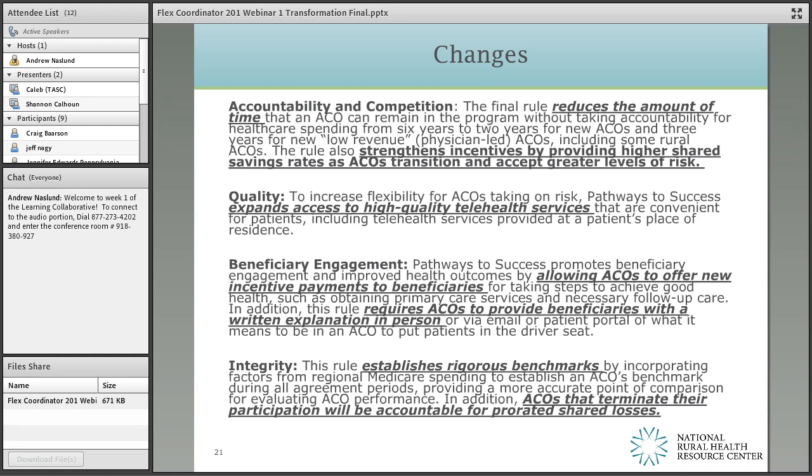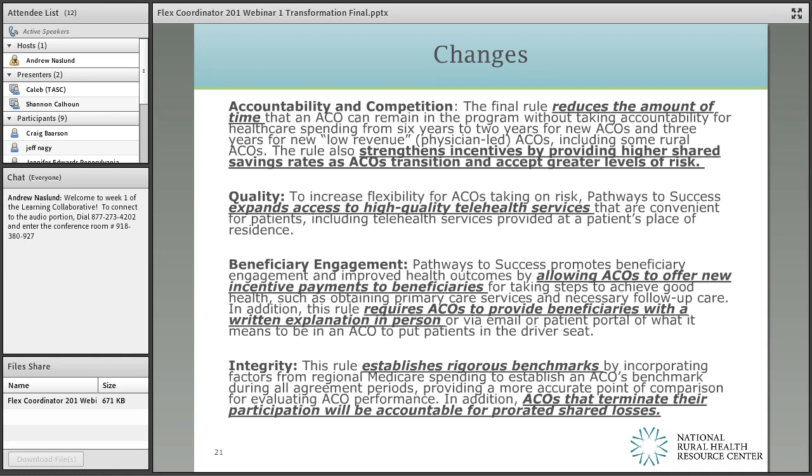And then there are new benchmarks that are going to be not just the provider's own benchmarks, but now moving to a regional perspective. So rurals will not be competing only against their own data. They'll compete in a region collectively.